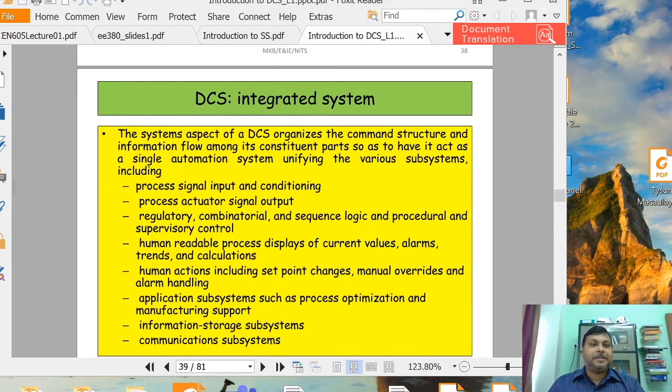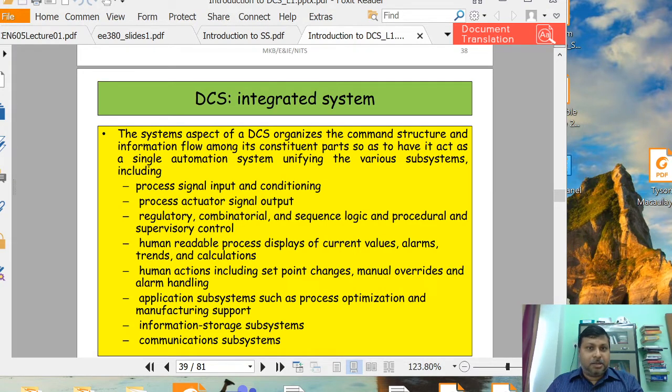The system aspect of DCS organizes the command structure and information flow among its constituent parts so as to have it act as a single automation system unifying the various subsystems. So though it is functionally or geographically distributed, it is unified or integrated as a system.